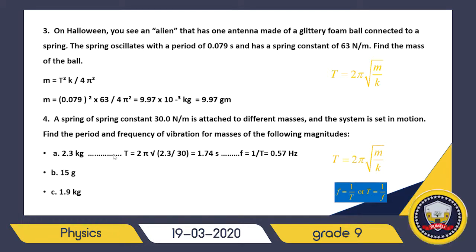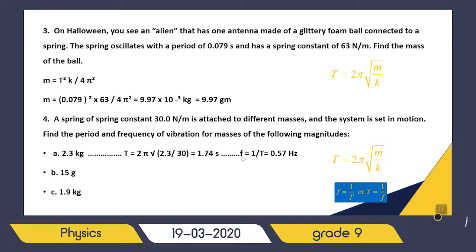Here is the solution of the first one, and then you can do the second and third the same way. T equal 2 pi square root of 2.3, the mass, divided by 30, k, equals 1.74 seconds.